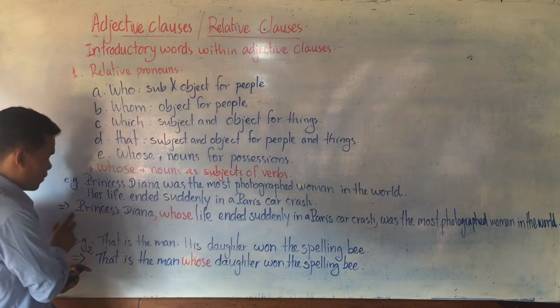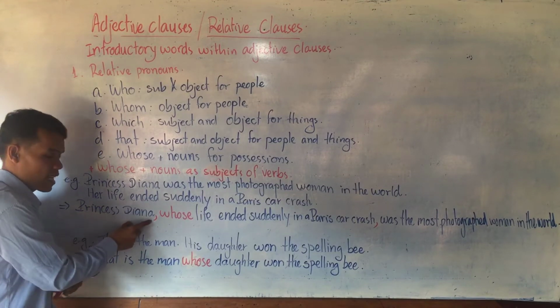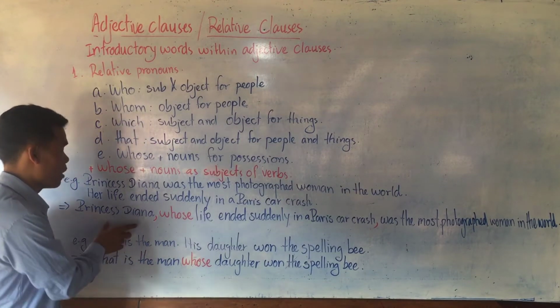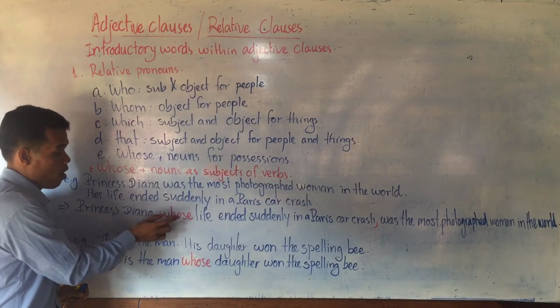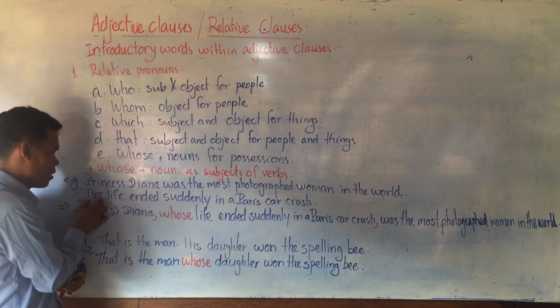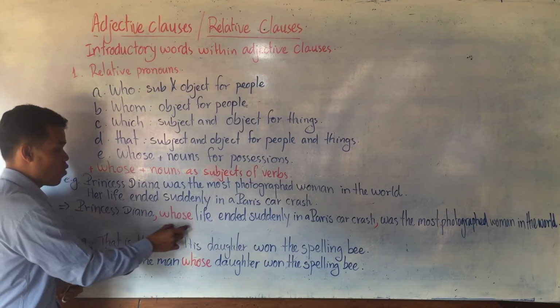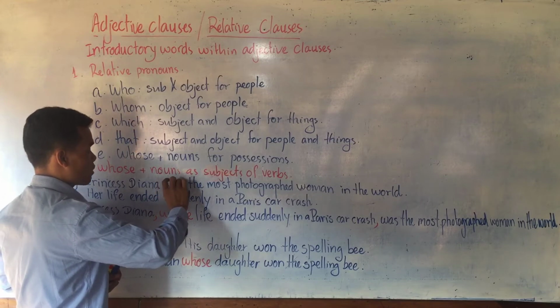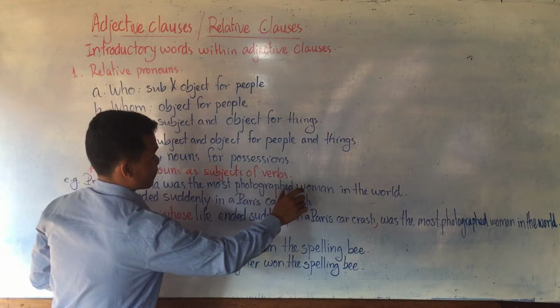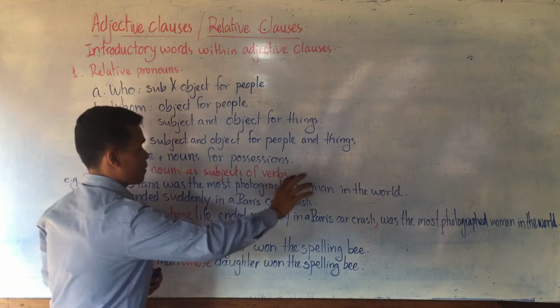For example, we can write like this: Princess Diana. Because Princess Diana is a proper noun, that's why the adjective clause is used with commas. Whose here replaces her. The first simple sentence, was the most photographed woman in the world, here is the predicate.